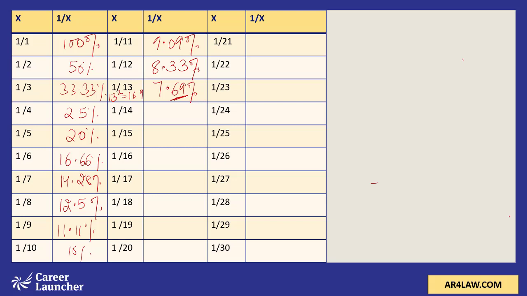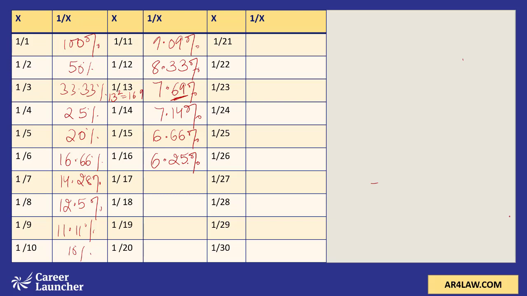Where do I get 1 by 14 from? From 1 by 7. I'll simply divide it by 2. 14.28 divided by 2 is 7.14. 1 by 15. Let me divide 1 by 5 by 3. 20 divided by 3 is 6.66. 1 by 16. 1 by 8 का आधा 6.25. 1 by 17.